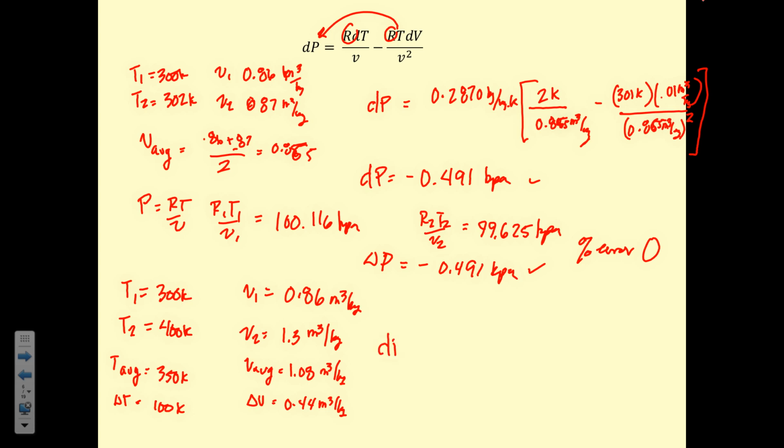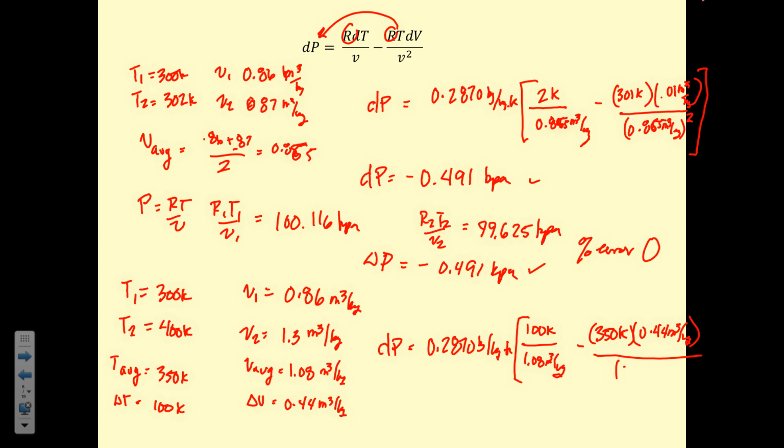So we can do the same thing where dP is equal to R, 0.2870 kilojoules per kilogram Kelvin, multiplied by our delta T, which now is 100 Kelvin, over our V average, which is 1.08 meters cubed per kilogram, minus our T average, which is 350 K, multiplied by our delta V, which is 0.44 meters cubed per kilogram, divided by V average squared, which is 1.08 meters cubed per kilogram, squared.